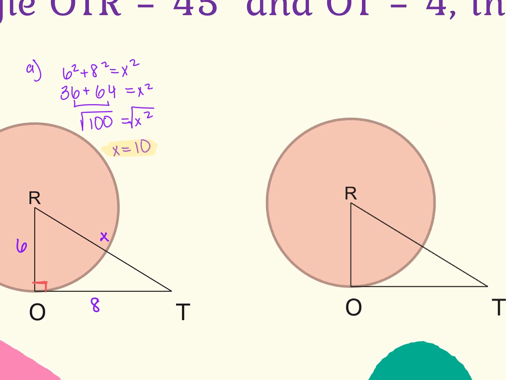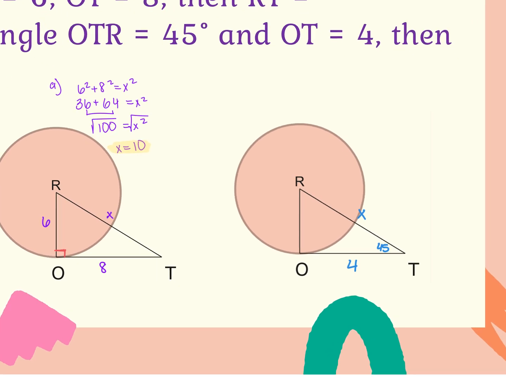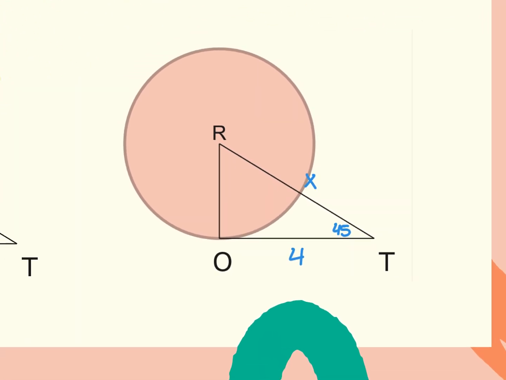All right, looking at the next one, it says, if the measure of angle ORT is 45, and OT is 4, then find RT. So what kind of triangle do I have right here? Good, I have a 45, 45, 90 triangle. So what do I know about my 45, 45, 90 triangle?